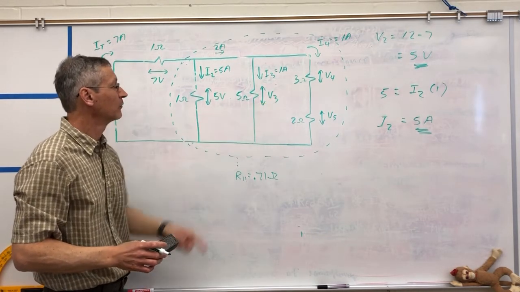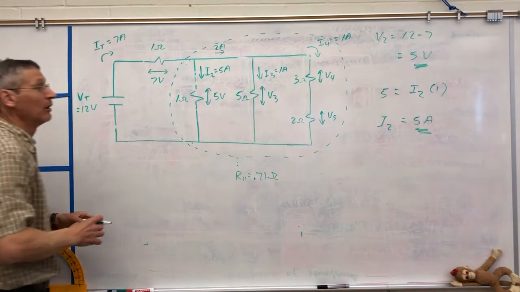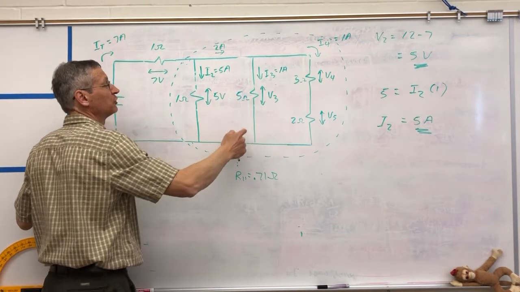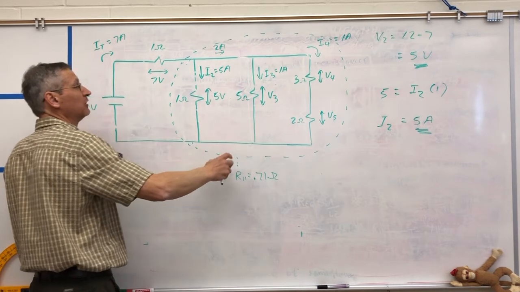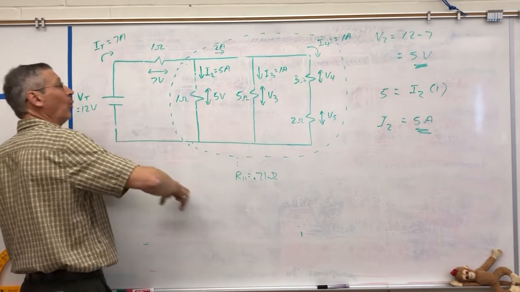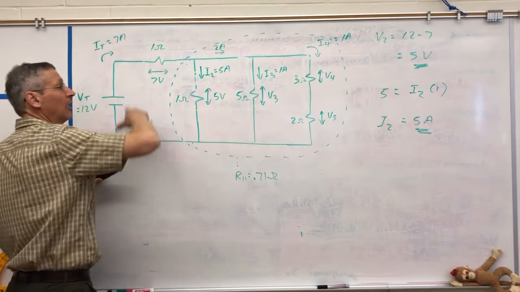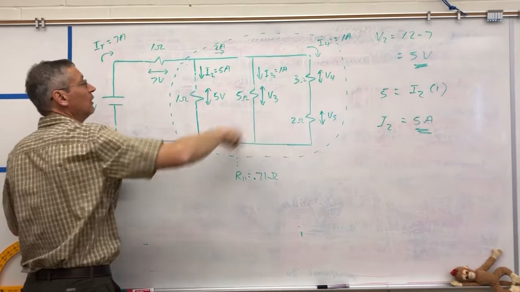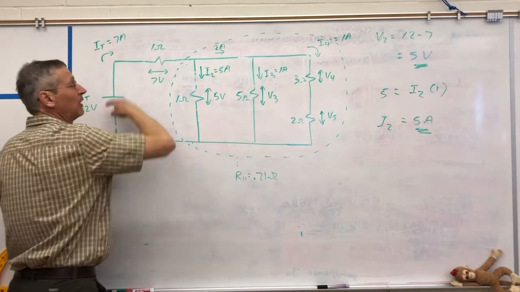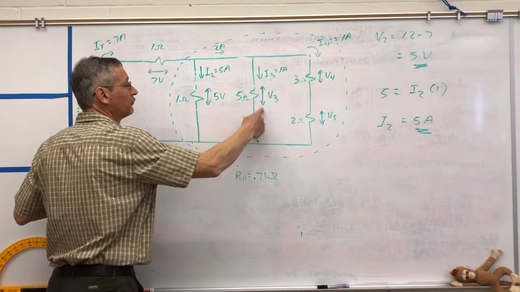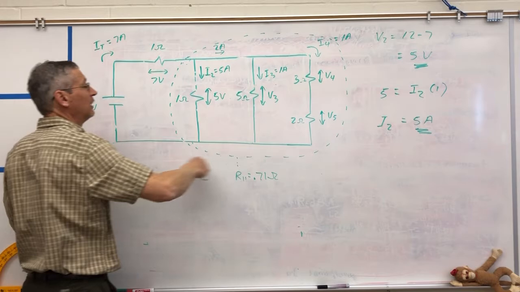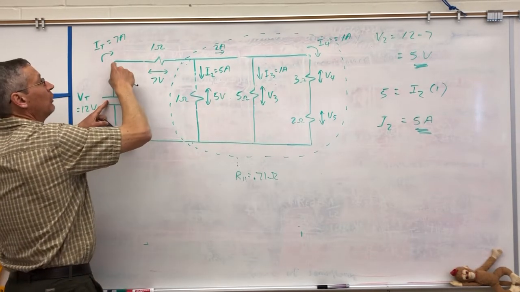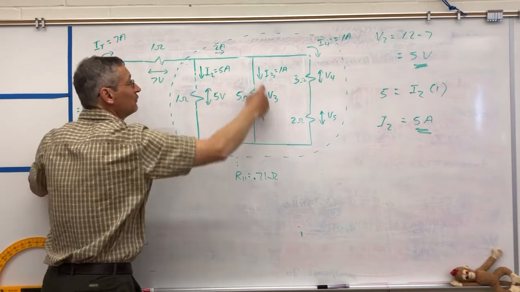Okay. Well, again, the voltage drop across this 5 ohm resistor. Again, what I want you to see here is not one big ugly circuit, but 1, 2, 3 separate individual circuits. Let's concentrate on this circuit right here. The voltage increase through the circuit is going to equal the voltage decreases through the circuit.